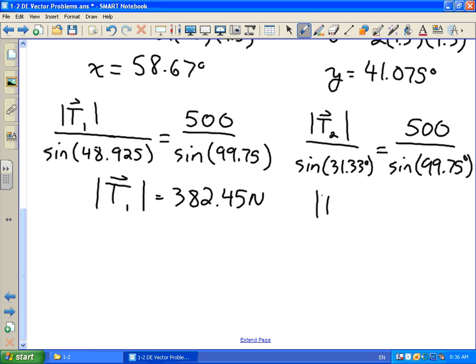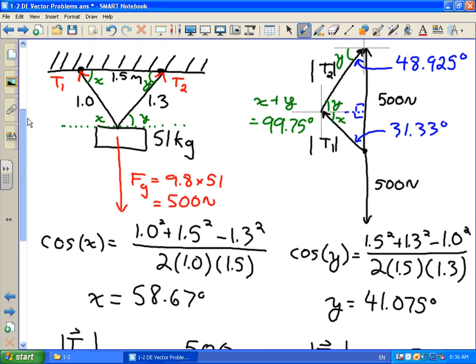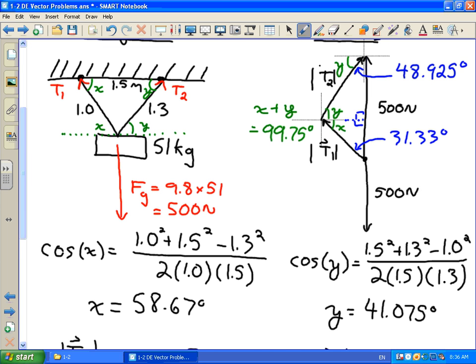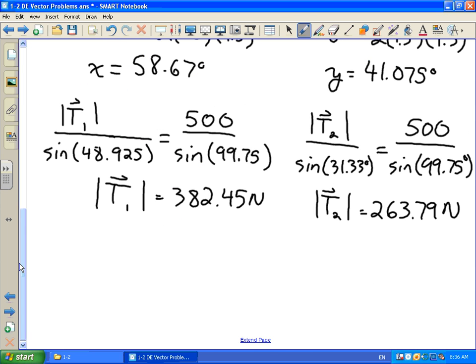And solving this, we get the magnitude of tension 2 is going to be 263.79 newtons. Okay? And in these tension questions, you only need to solve for the magnitude. You don't have to worry about the direction. So these are vectors here and here. And so we're done.